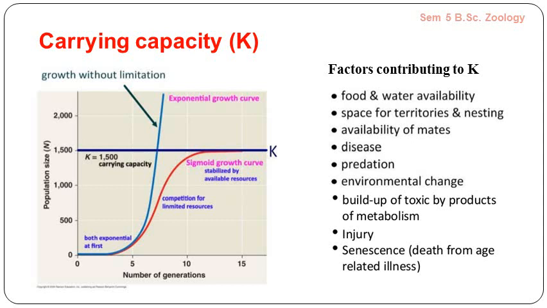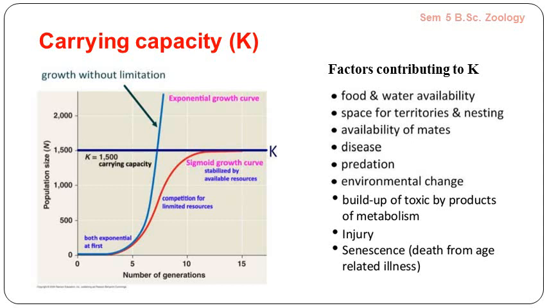It is so drastic that it actually jets off the carrying capacity level. Now this is what is referred to as the biotic potential. Due to the biotic potential of individuals, there is a population size increase without any check.